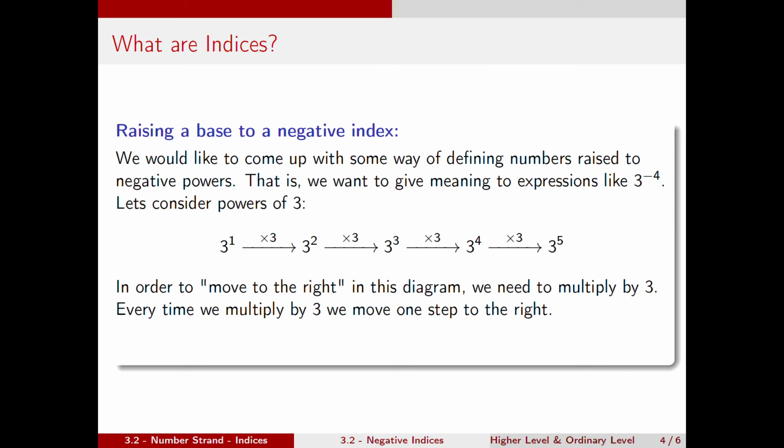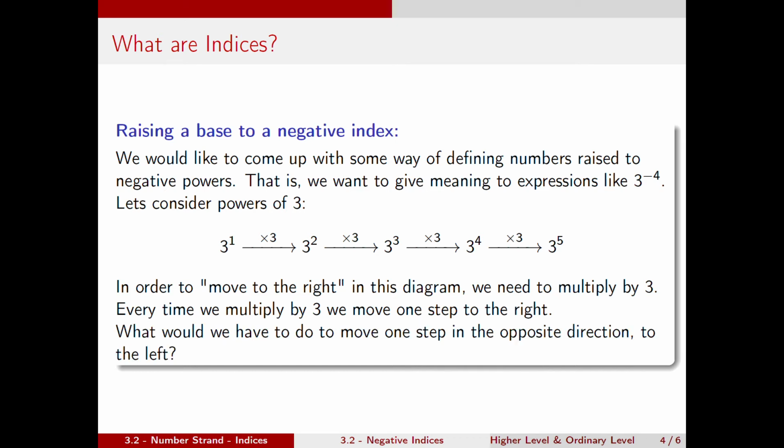So let's consider the powers of 3 that we will be familiar with by now. So 3 to the power of 1, if we multiply that by 3, we get 3 squared. Multiply again by 3, we get 3 cubed, and so on. So moving to the right in this diagram, we need to multiply by 3. But what if we wanted to move to the left in the opposite direction?